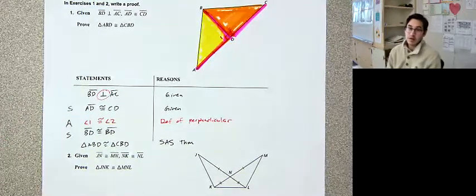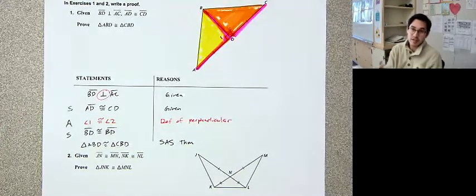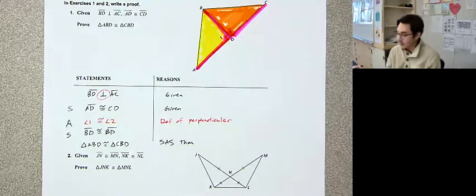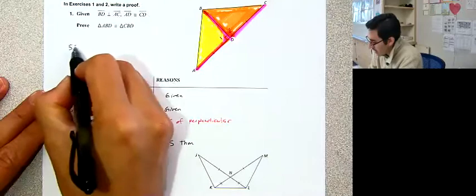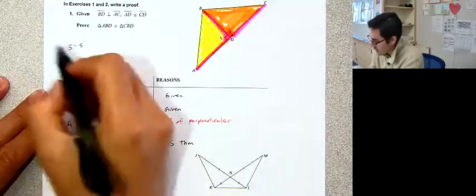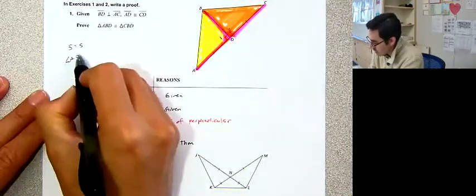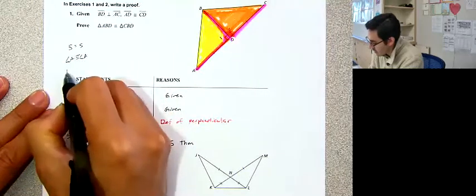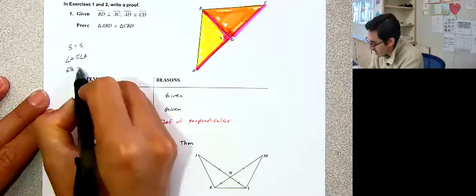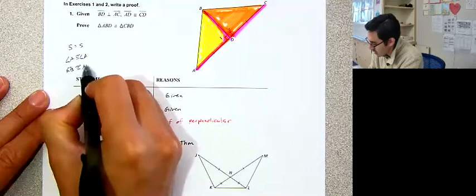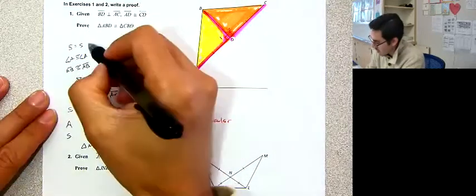Okay. So in math, and just logically speaking, anything is congruent to itself, right? The number 5 is equal to itself. Any angle would be congruent to itself. Any segment would be congruent to itself. Okay.